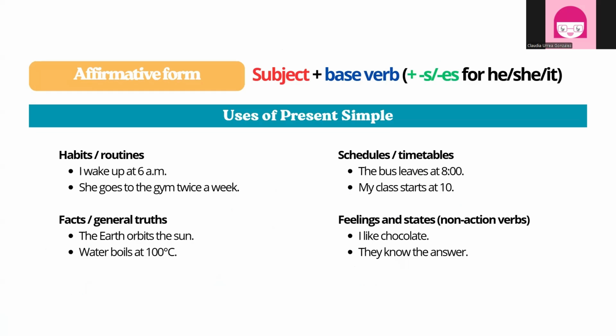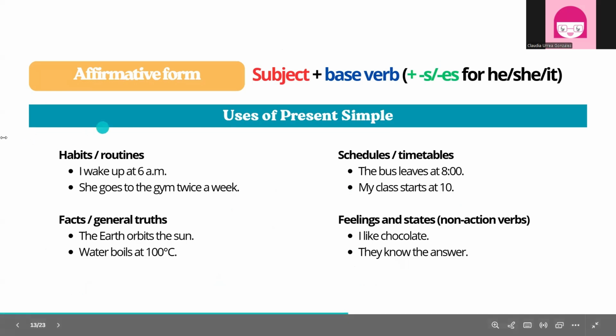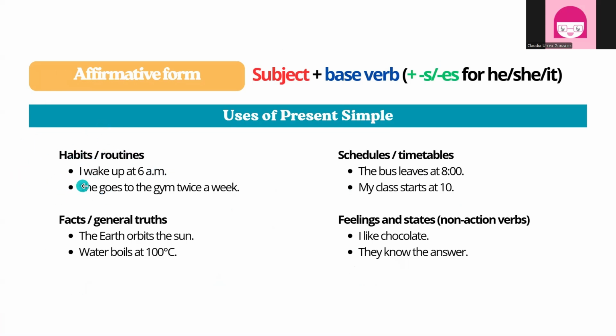Let's check this. So we were saying that we use it for habits or routines, facts or general truths, schedules or timetables, feelings and states, not action verbs, like I like chocolate. Let's check the routines, shall we?